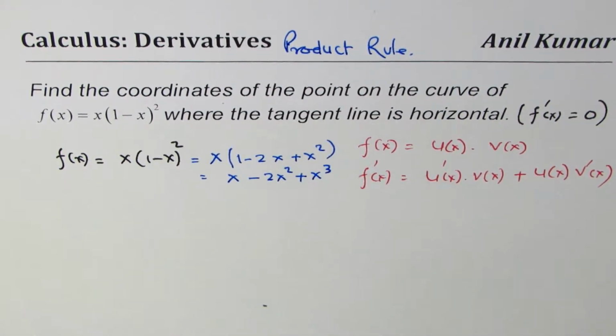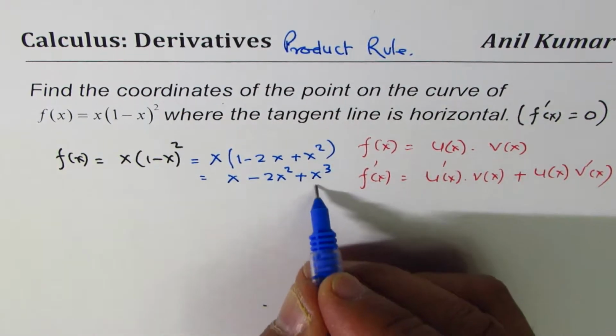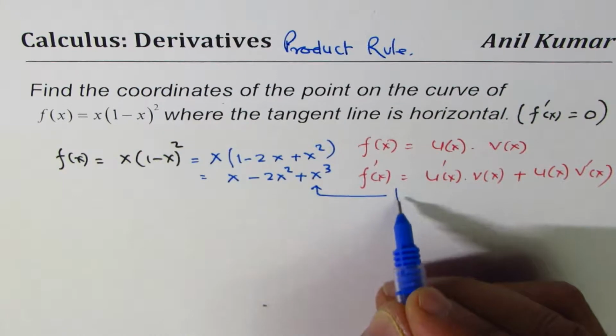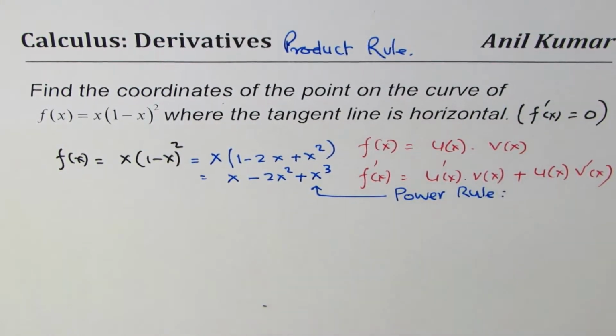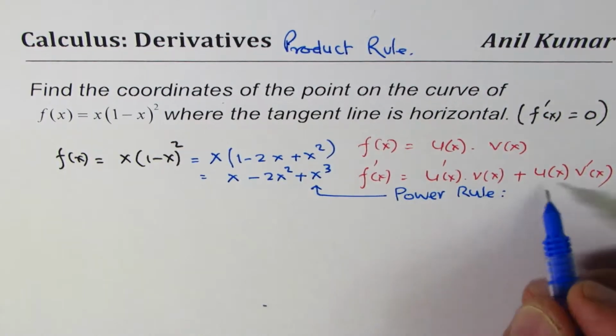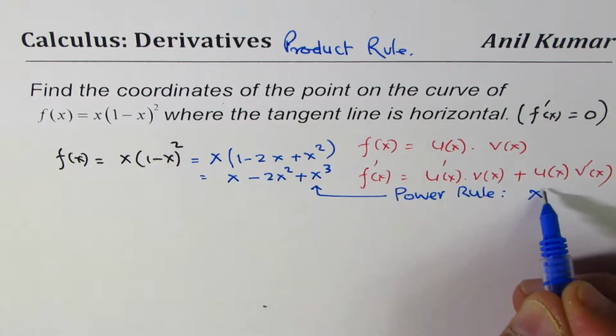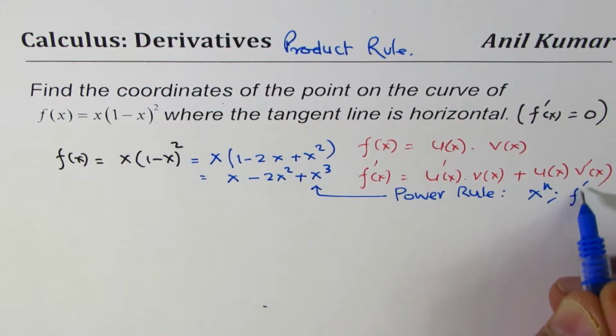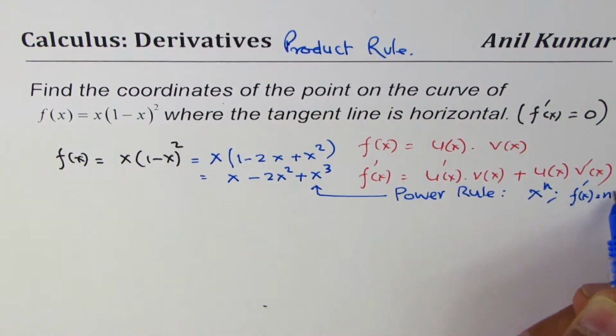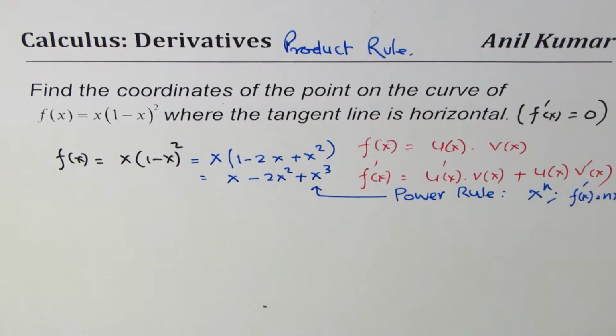So in that case, if you expand it, it is simple. You can apply the power rule. Is it okay? So you could do that also, which is, if x to the power of n is the function, then f dash x is equal to n times x to the power of n minus 1. Is it okay? So you could do that also.